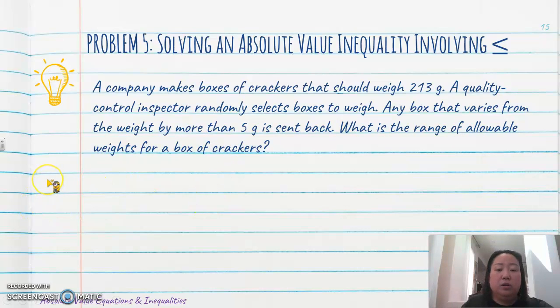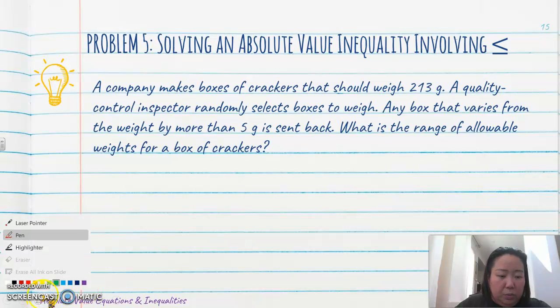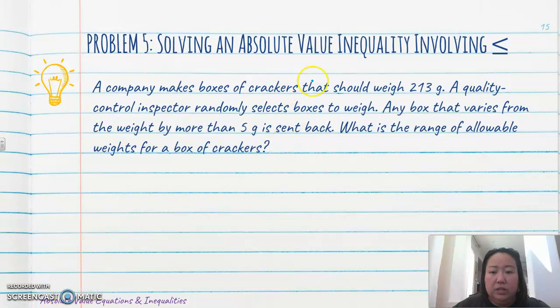Okay, so if you take a look at this particular problem, it says here that the actual weight should be 213. Whether you subtract 5 or add 5 to it, the maximum acceptable weight differs from 213 by up to 5.